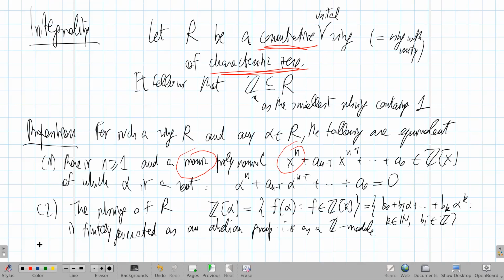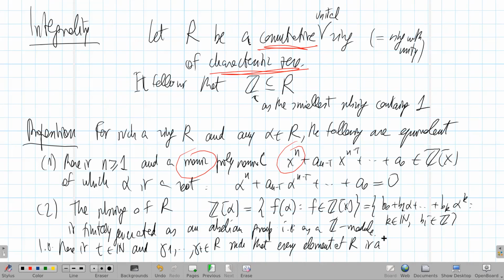That is, there is an integer t, a natural number, and gamma_1, ..., gamma_t in R, such that every element of Z[alpha] is a Z linear combination of the gamma_i.